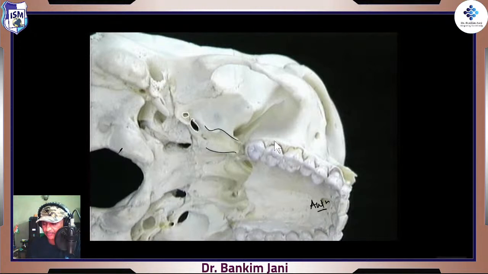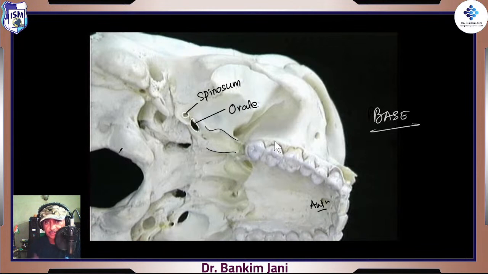This is the base of the skull. So from inside over here, this is the base of skull, and that's ovale, and that's spinosum, right? So ovale will open just behind lateral pterygoid plate. So this is excellent.